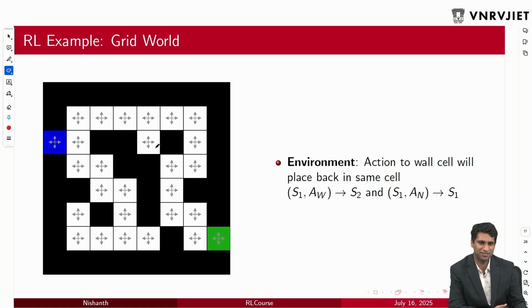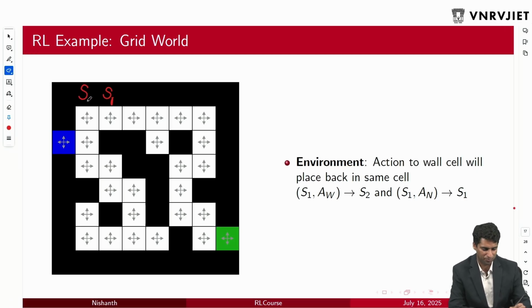So in this grid world example, the agent can take actions, but the environment can also respond. For example, if we think of this as state S1, and the agent takes an action of west, it can transition to state S0.